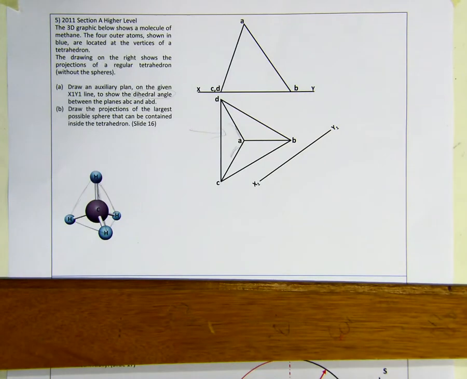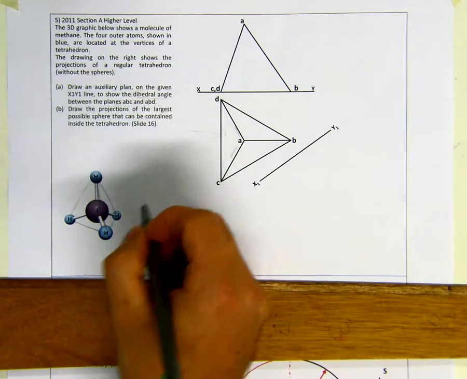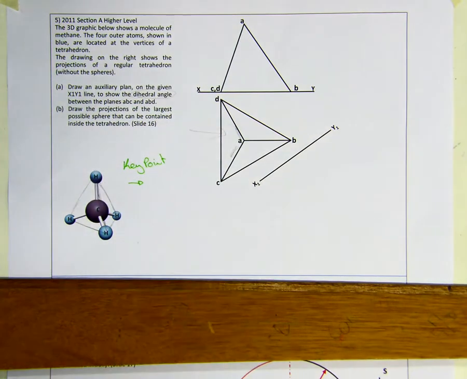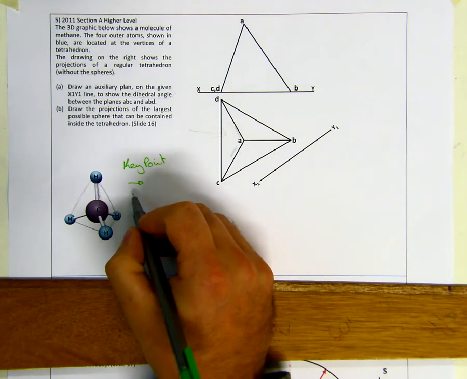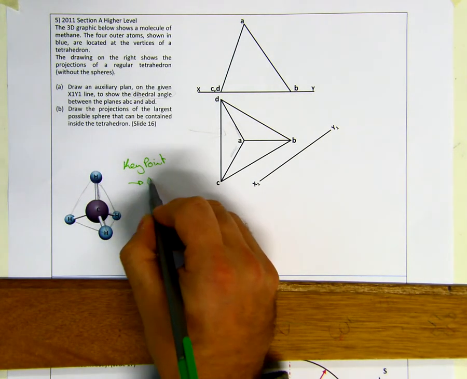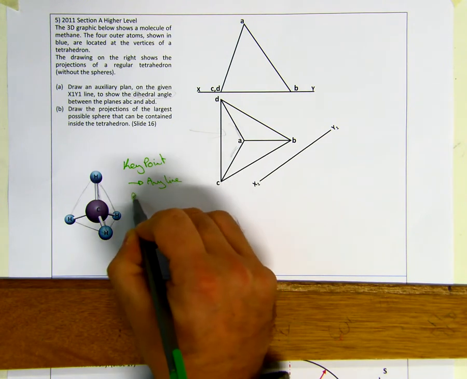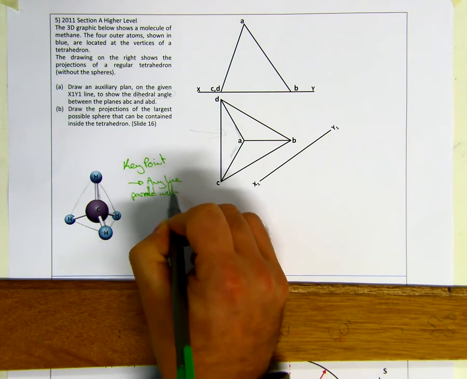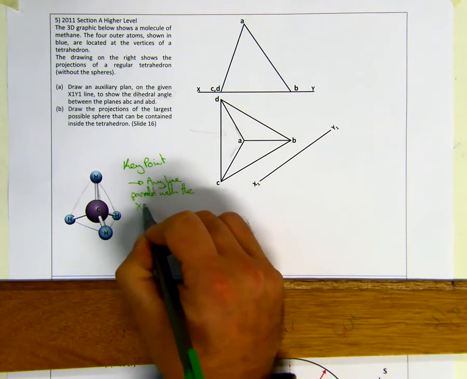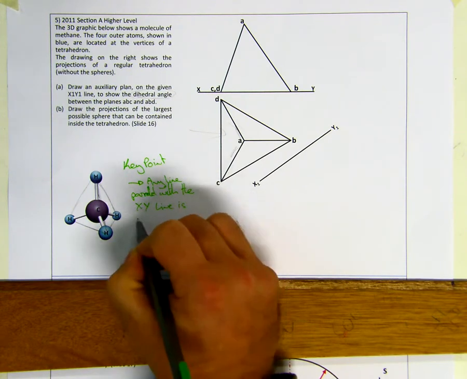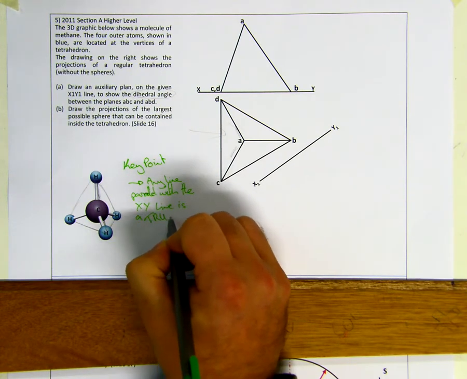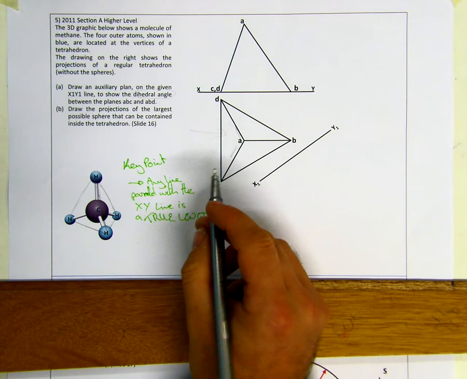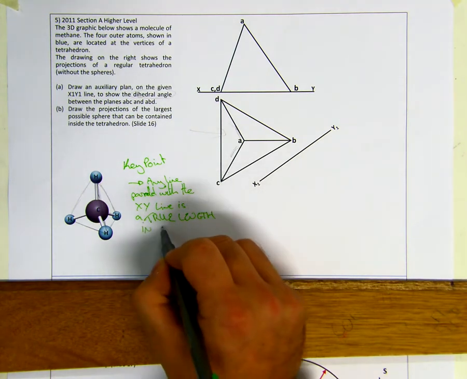So the key point here, one some people have come across, is that looking along any line parallel with the xy line is a true length in elevation.